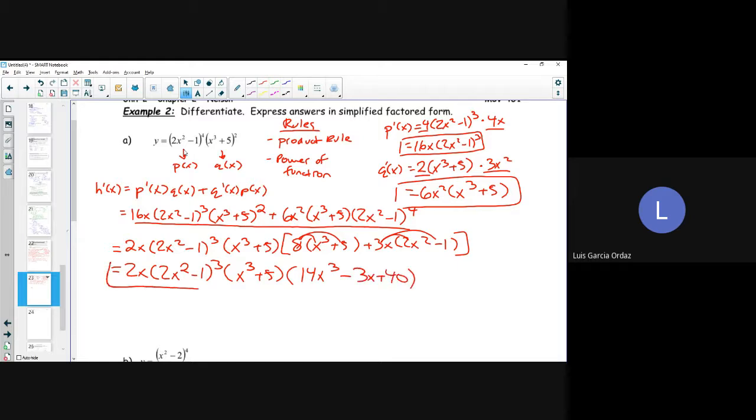And because I cannot simplify anymore, my derivative is going to be 2x times (2x squared minus 1), all to the power of 3, times (x to the 3 plus 5), times (14x cubed minus 3x plus 40).